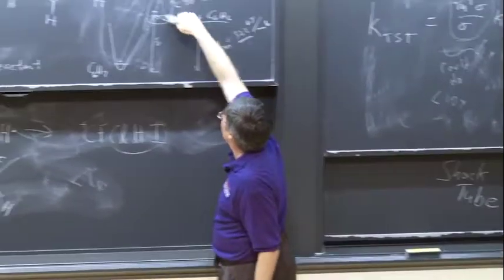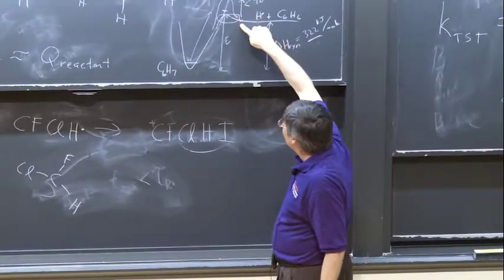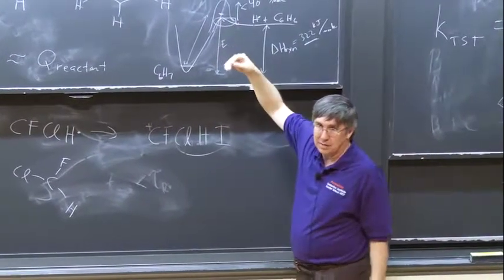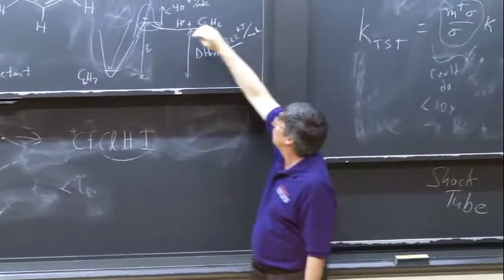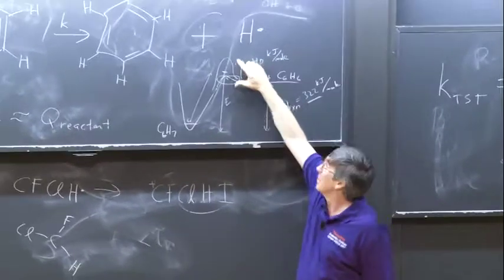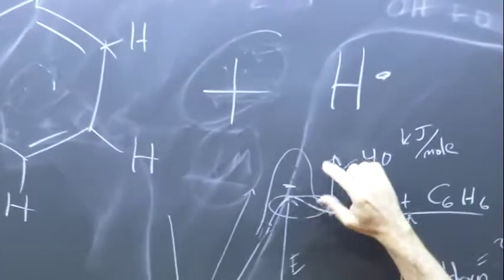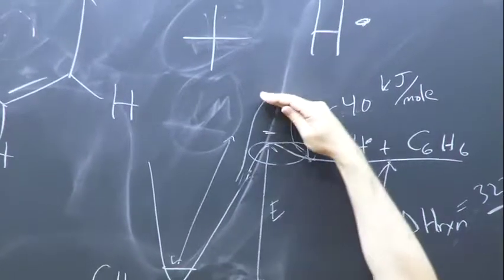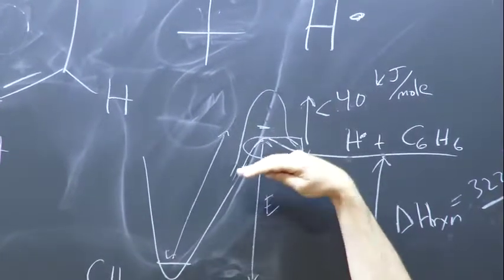You need to know a number here, but to set a bound on the rate, you don't. So for sure, this barrier is bigger than 0, right? So this barrier height is between 0 and 40, 50, I don't know.